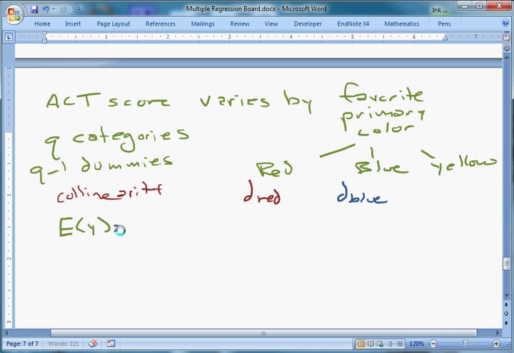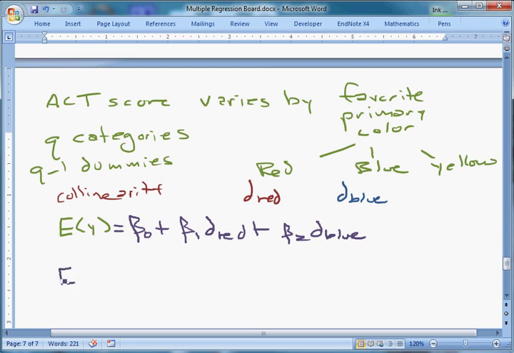Our regression equation is going to be beta 0 plus beta 1 times D red plus beta 2 times D blue. And that's our regression equation.